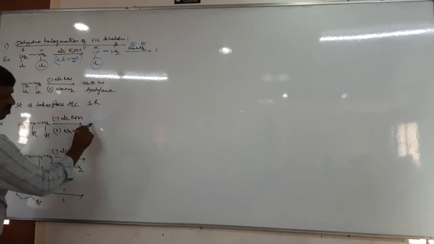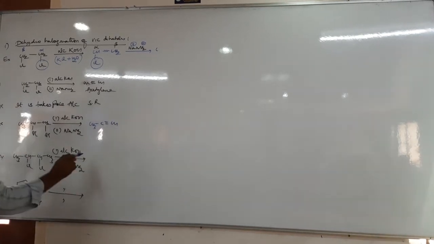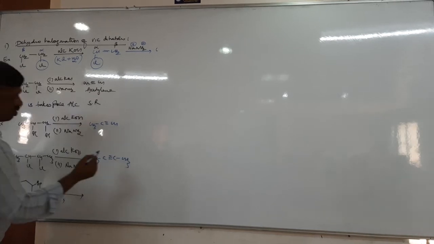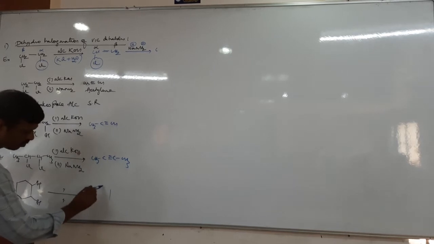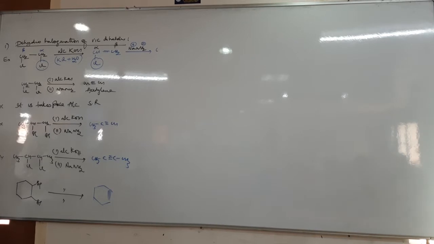Tell me here. It is CH3 C triple bond CH. Here, CH3 C triple bond C CH3. Okay.